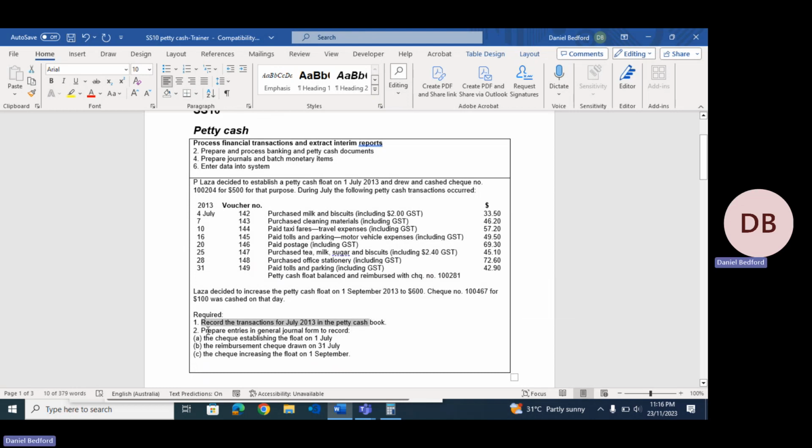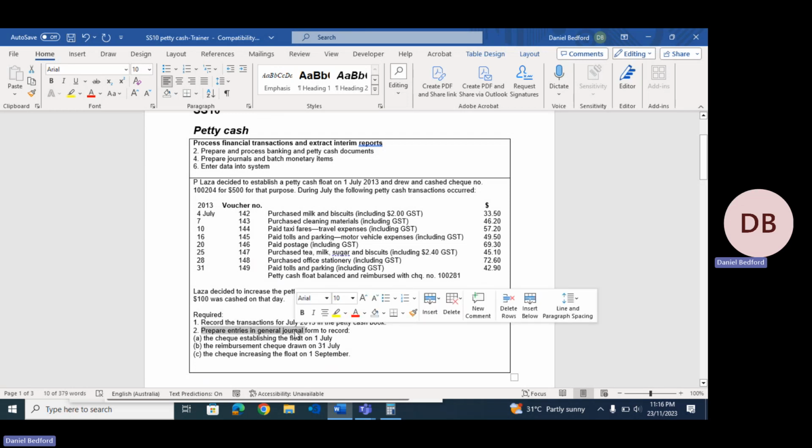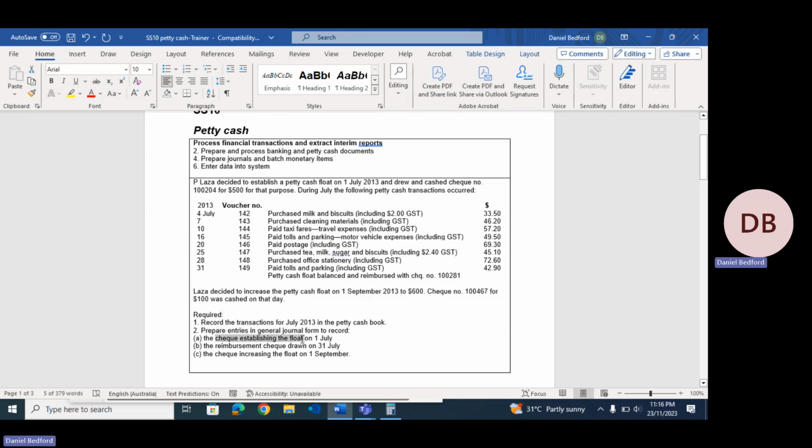Then we'll do those journal entries that I spoke about. One, to create the petty cash float on the 1st of July. The next, to record the expenses from petty cash and the reimbursement. And a final journal entry to increase the amount of the petty cash float. So originally it was $500, then they bumped it up to $600.